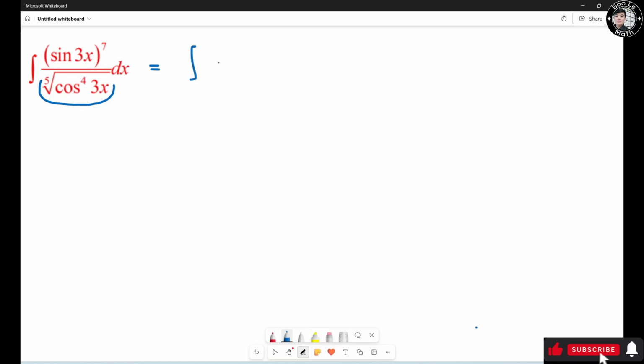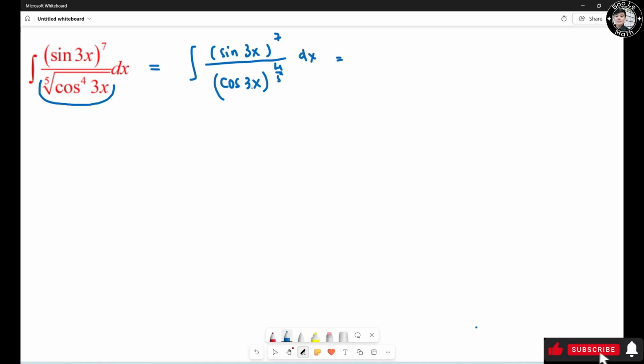So I just rewrite the top: it's going to be sine of 3s altogether to the 7 over cosine of 3s altogether raised to the 4 over 5, ds.